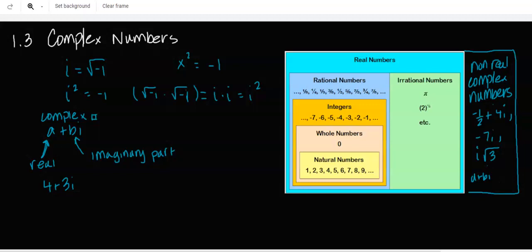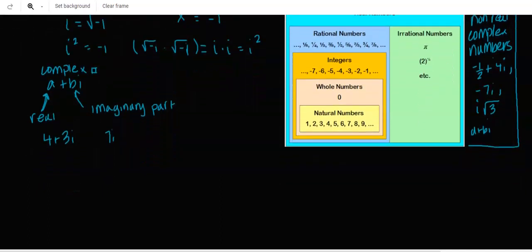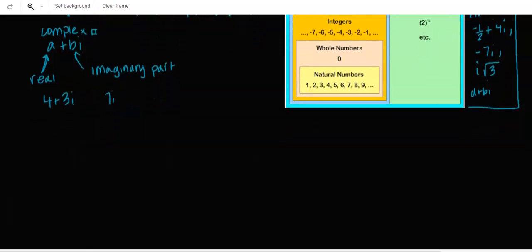So something like 7i. So I have examples of both of those over here in our chart. So that would just be a pure imaginary number. All right, again, this is standard form. So when you see that on your assignment where it says put this number in standard form, that's where we want to get to. So notice there's not a big long fraction. We'll have to split those up when we have a number in the denominator.